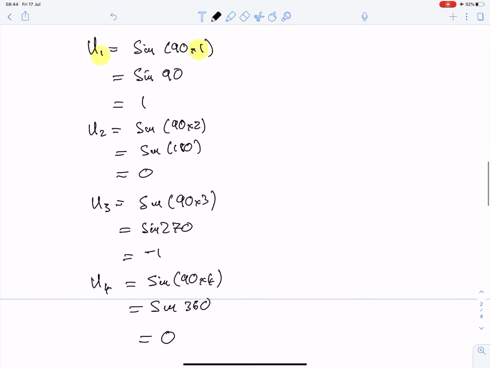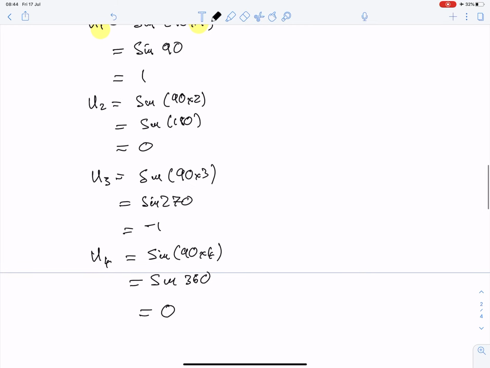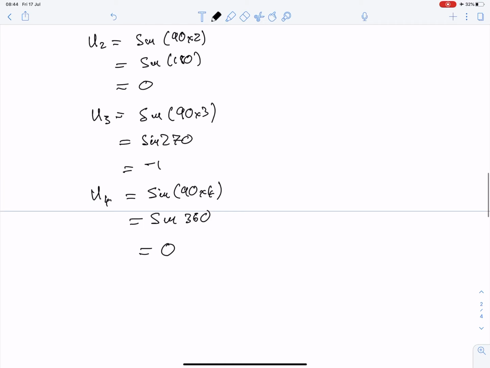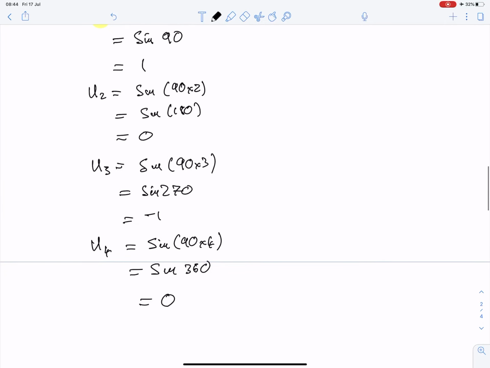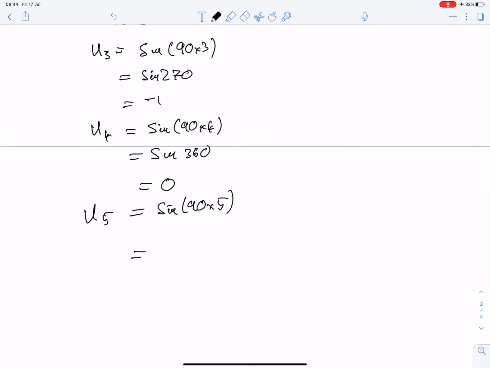Now what do we notice? Nothing yet. We've got the 0 appearing twice. Let's look at u5. Sine of 90 times 5 is sine of 450, which is equal to the sine of 90, which is 1.